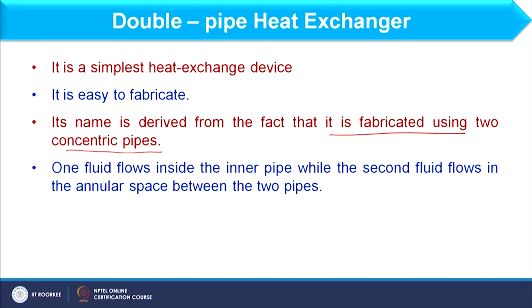One fluid flows inside the inner pipe, while the second fluid flows in the annular space between the two pipes. I think you all understand the functioning very well, because you have also done experiments on double pipe heat exchangers, maybe in your second year chemical engineering course.